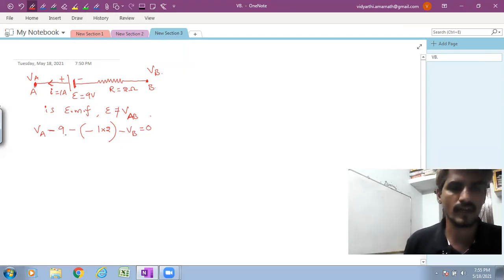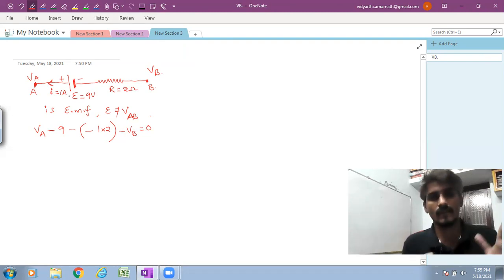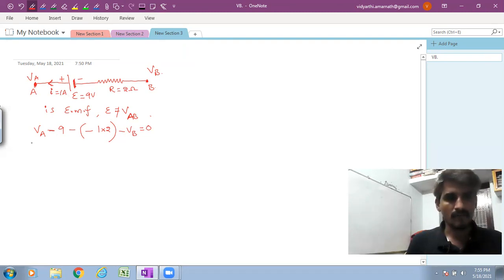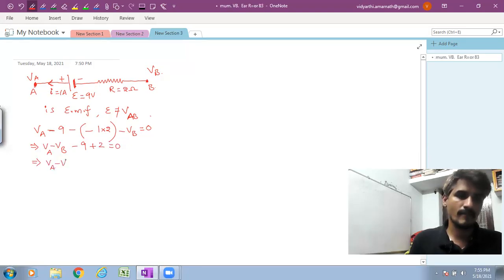Now this is the thing we have to consider from A to B. This is how we have to write that equation, right? Therefore, VA minus 9 plus 2 minus VB is equal to 0. So VA minus VB is minus 9 plus 2, which is minus 7. When it goes to that side, it becomes 7 volts.